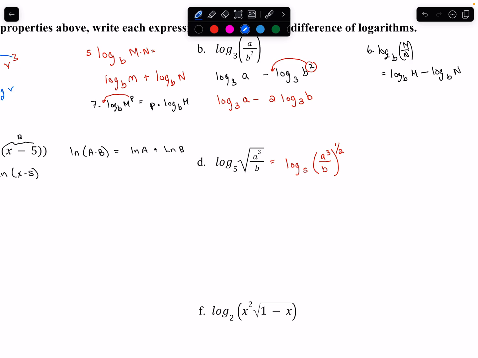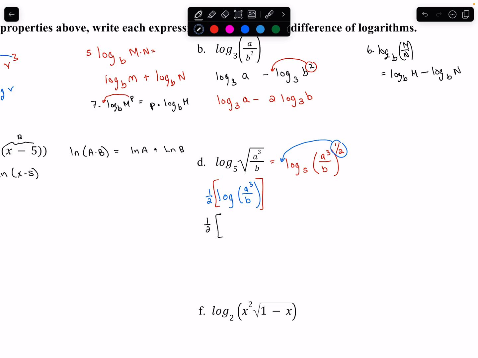All right, so first property I'm going to use is I'm going to bring this 1/2 down in front of my log. So this will give me 1/2 times the log of a cubed over b. So 1/2 is multiplying all this. And then I'm going to say, well, I can still break this down.